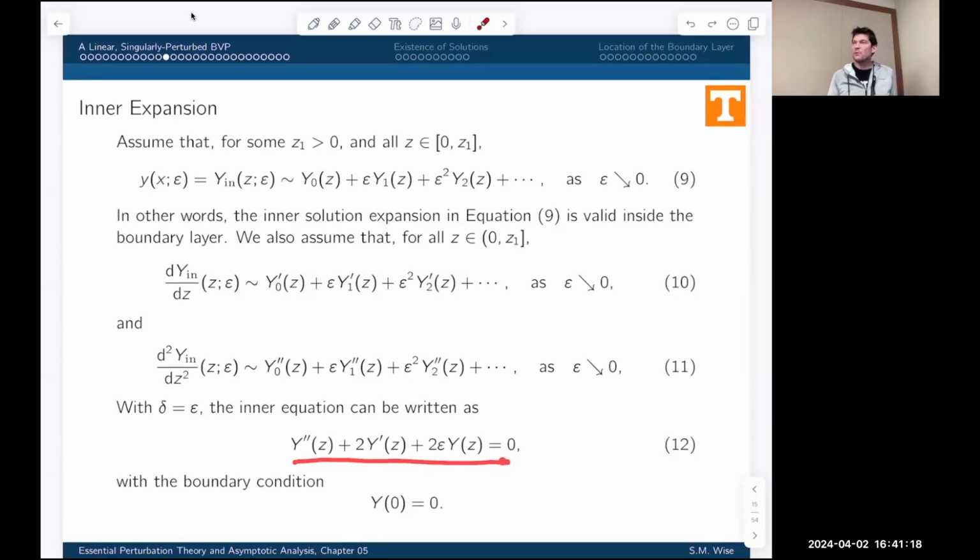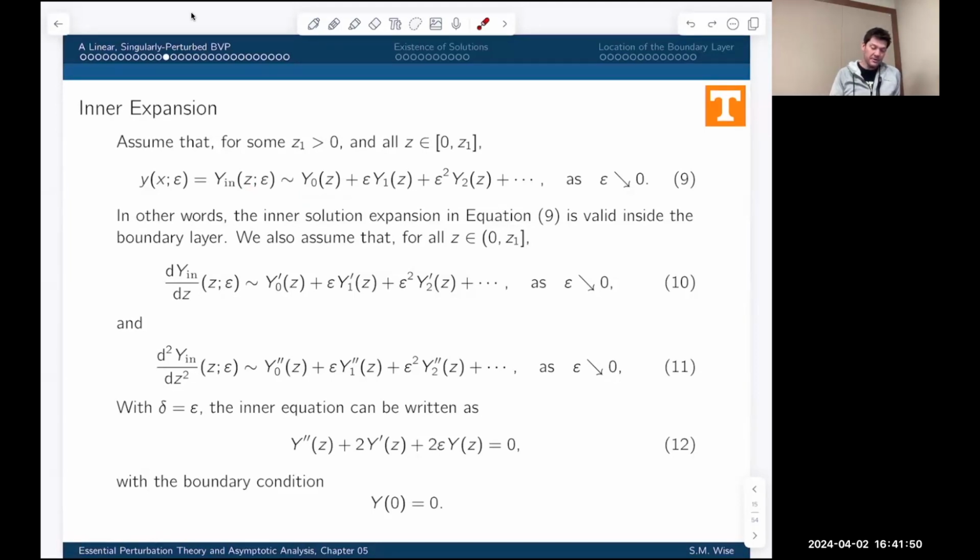And you can see that this equation here now is no longer singular, because whenever I set epsilon equal to 0, I lose a lower order term. So this becomes a regular perturbation problem. Now I'm going to assume, as I did before, that y in the inner region, when expressed in this capital Y variable with the independent variable z, has some asymptotic power series expansion that is valid.